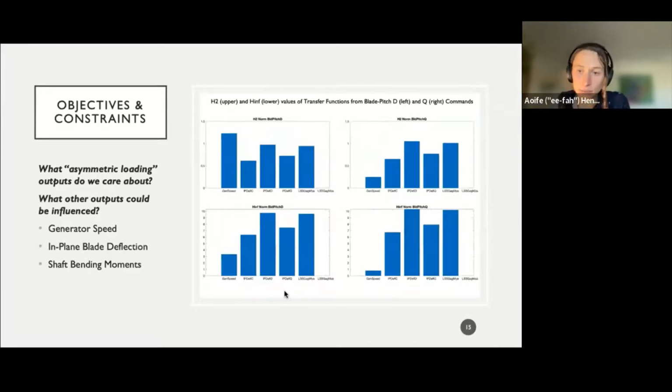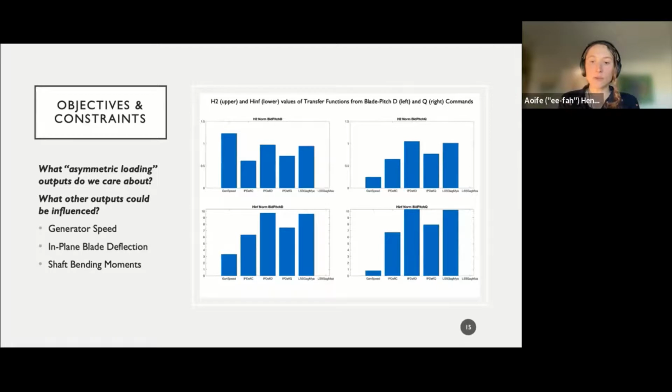The second question I was interested in investigating was what other wind turbine outputs would be influenced by individual blade pitch control. Knowing this is crucial to formulating objective functions and constraints for the auto-tuning procedure. So using this linearized MBC transformed model for each wind speed, I measured the H2 norm, which you can think of as the area under the frequency response plot, and the H infinity norm, that's the second row here, where H2 is first.